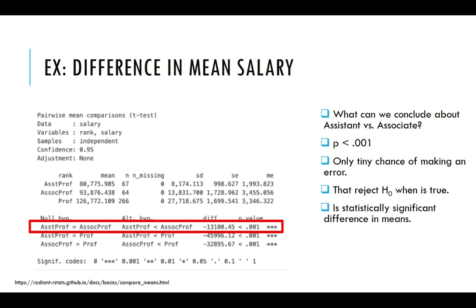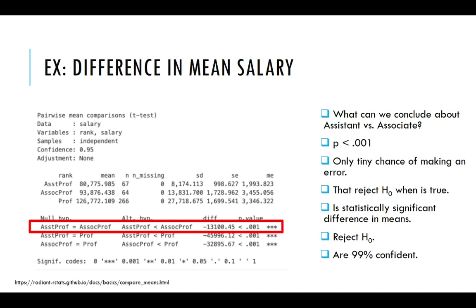The chance of making this error is teeny tiny, right? We can reject the null hypothesis because there's a teeny tiny chance that we get it wrong. Does everyone agree that we can say we are 99% confident? So this is a pretty strong result.